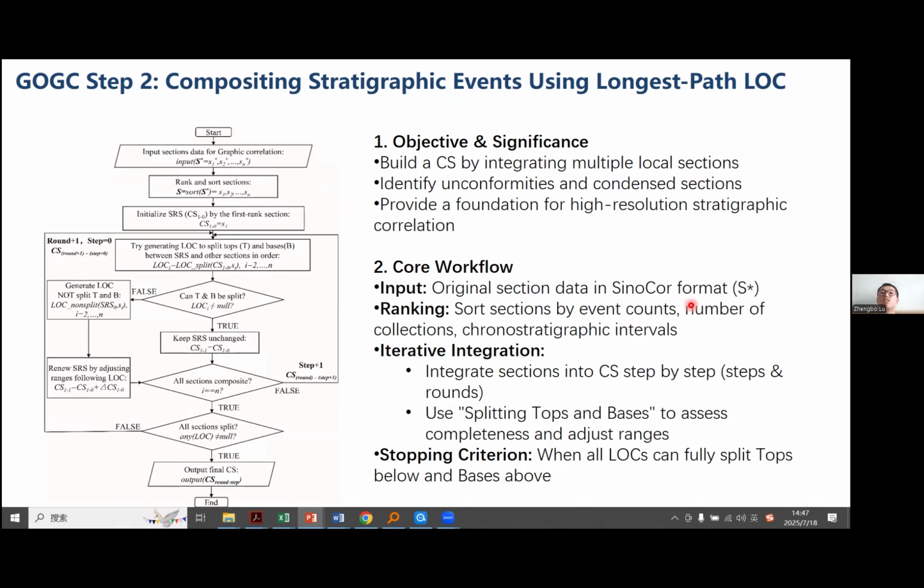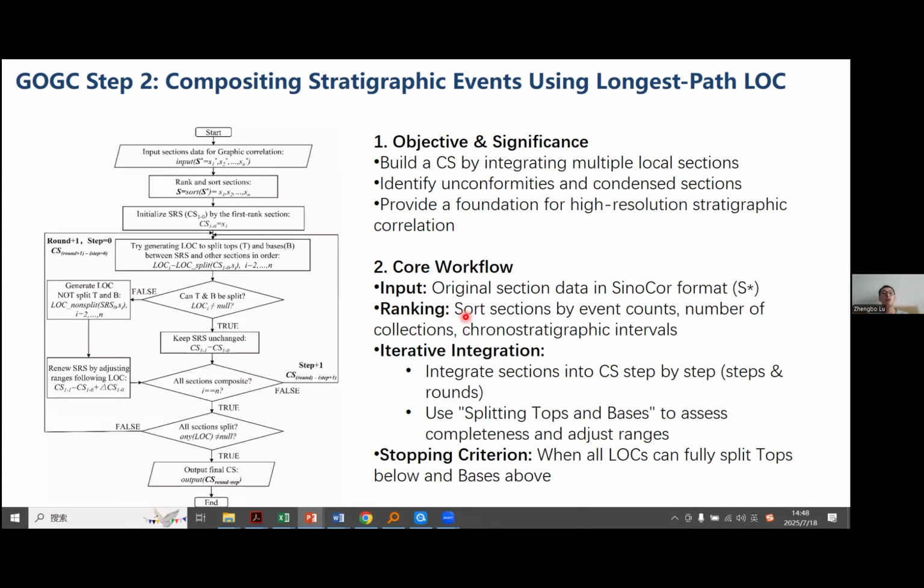Next, we use our generated LOC to finalize the process of graphic correlation, that is, to composite the stratigraphic events into a composite standard. The workflow includes, first, inputting the original section data into the program, and then ranking all of those sections. In other words, we are trying to determine the order of integration.